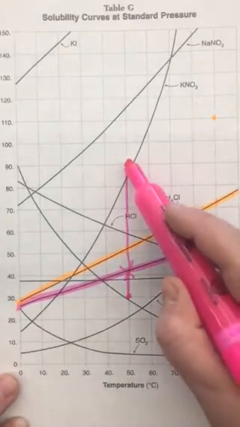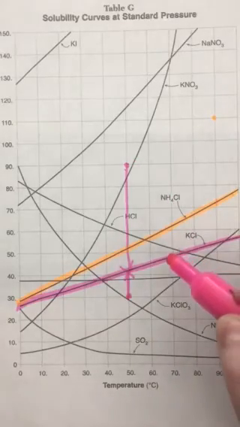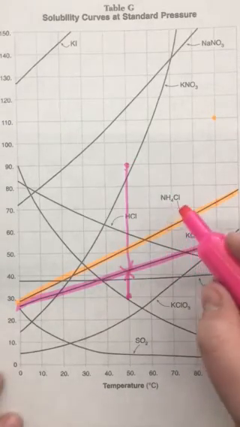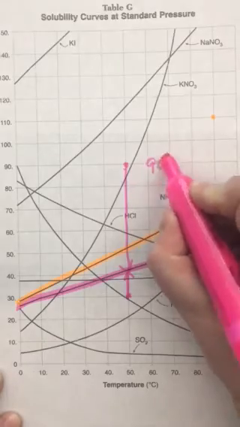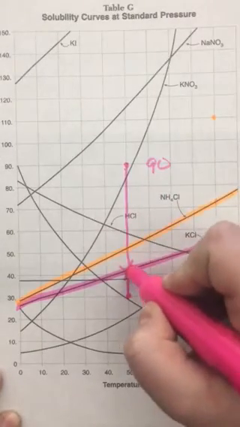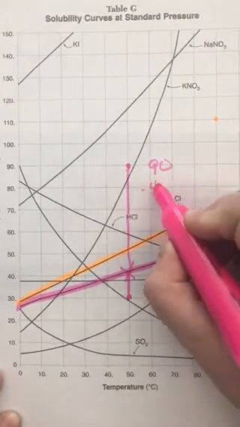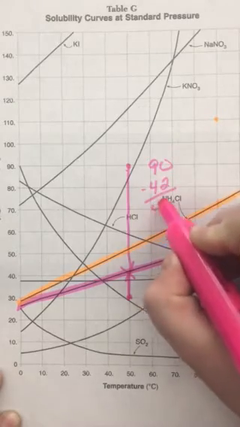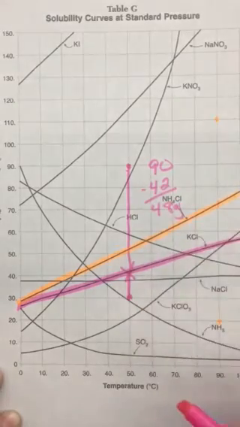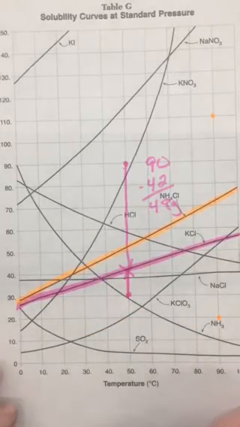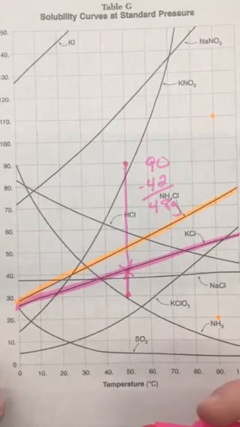So if I have 90 grams in there and I disturb the solution so that the extra precipitates out, I have 90 grams dissolved, 42 can stay dissolved. So 48 grams would precipitate out and form a solid, and the other 42 grams would be able to stay dissolved.